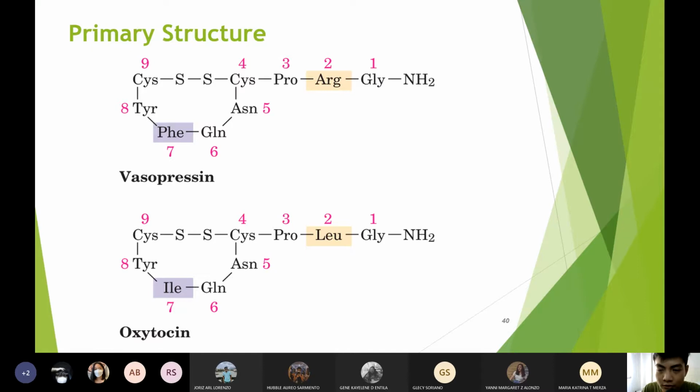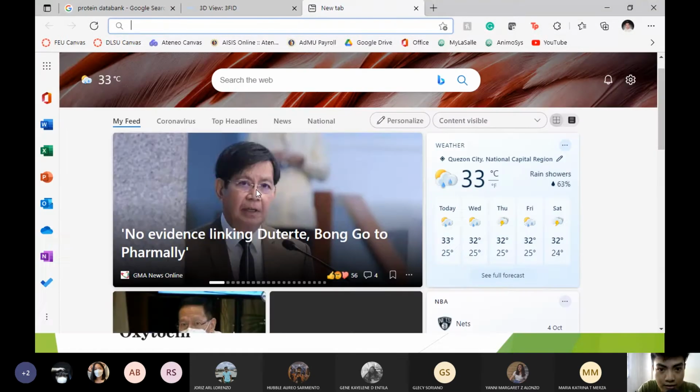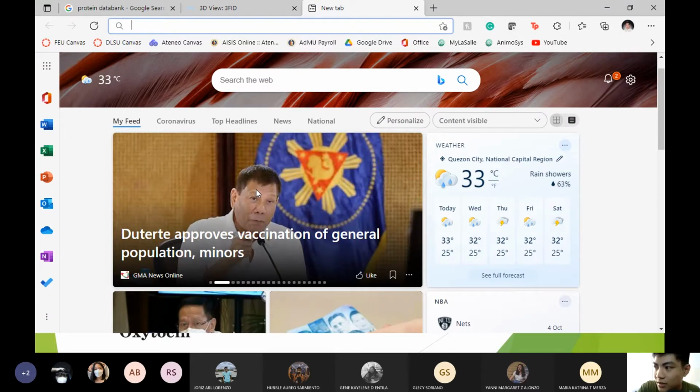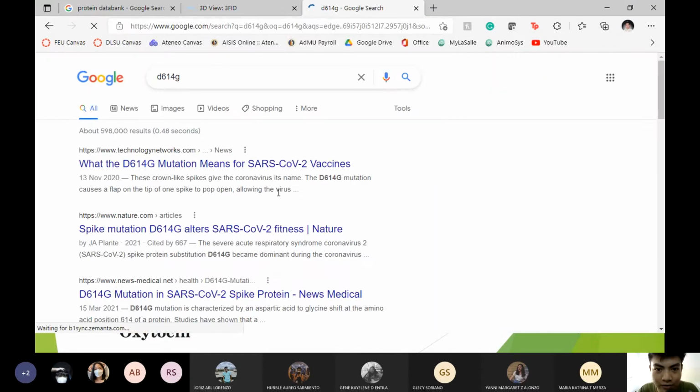Okay? So, to give you a more understandable context, let's go to the first mutation of COVID-19, which is the D614G. My former biology students are probably still familiar with this, since by the time I was teaching them Gen Chem and Org Chem.